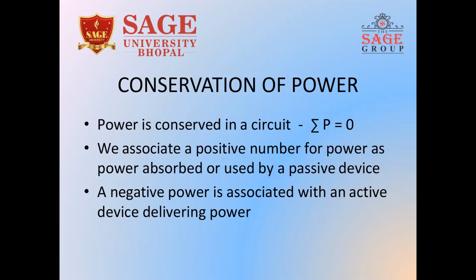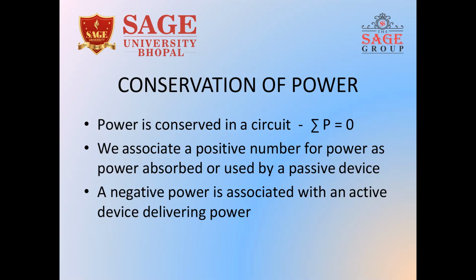And this is the fundamental concept of conservation of power. Conservation of power means that the summation of all the power is equal to zero. It is useful for Kirchhoff's law, and it is also useful for Ohm's law.